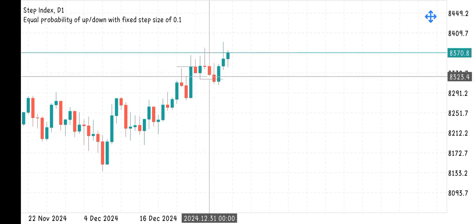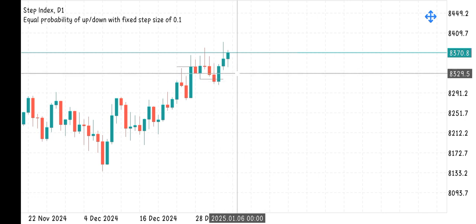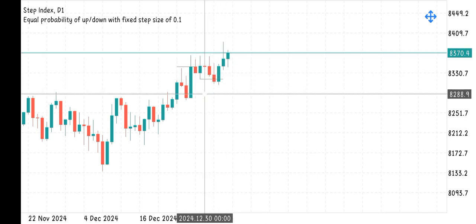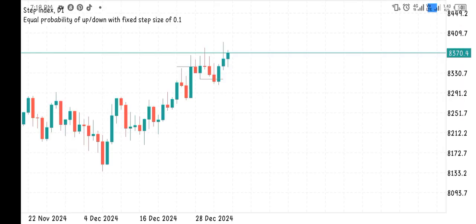The market does not move in isolation, it needed the liquidity, so this engineered the liquidity. And this is our draw on liquidity, which means this is where the price is heading to.